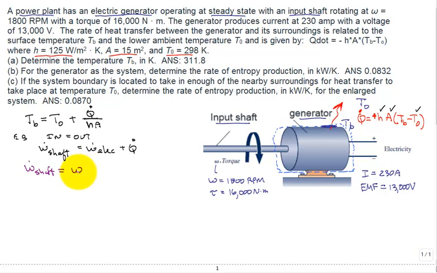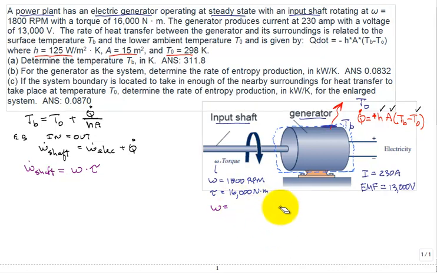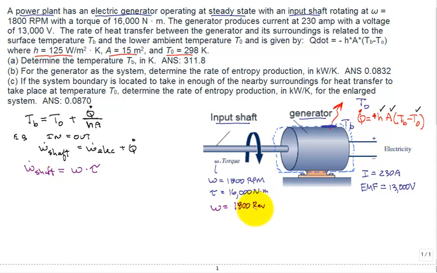But this omega has to be in units of not revolutions per minute, but has to be in units of radian per second. So what do we do? We convert by having 1800 revolutions per minute, and each revolution is 2 pi radian, and each minute is 60 seconds.